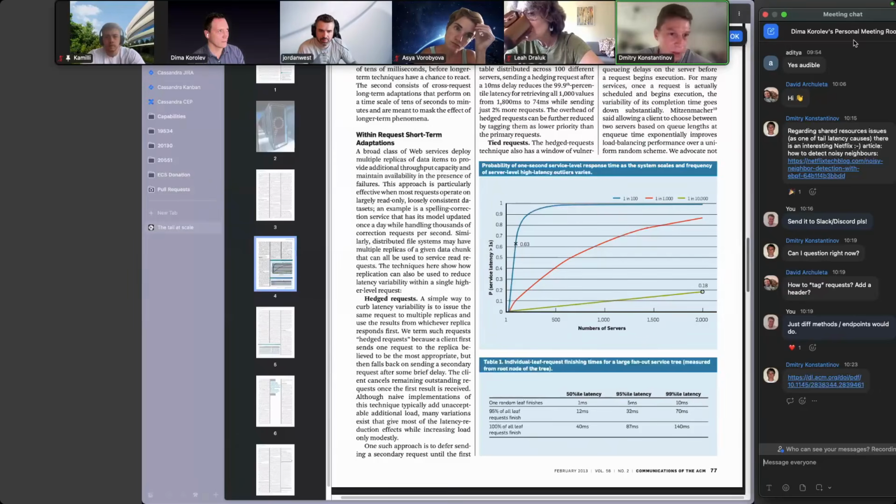Instead of FIFO, you can use LIFO, or you can use some more complicated techniques like CoDel-like things to drop requests earlier from the queue. It's a bit similar to request hedging, but also has some extra ideas. I sent a link to the chat.